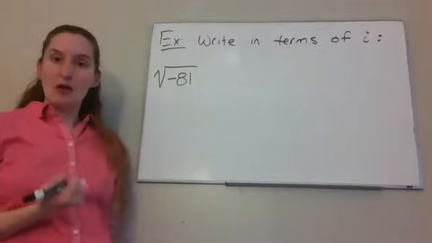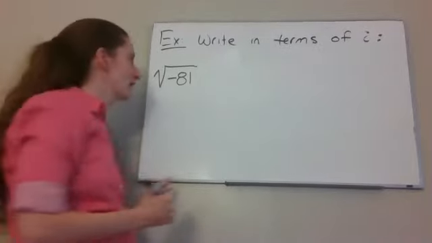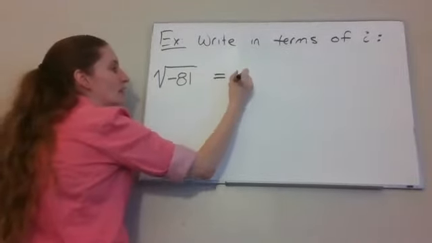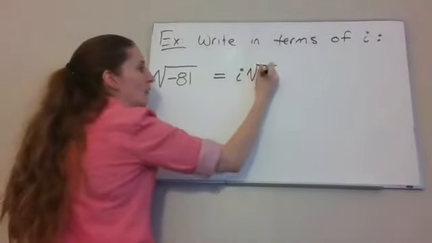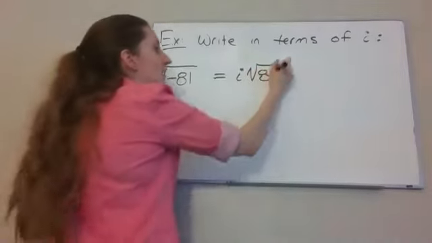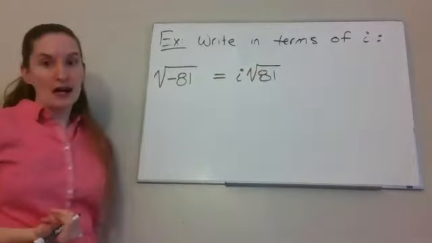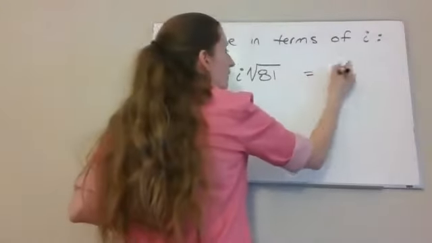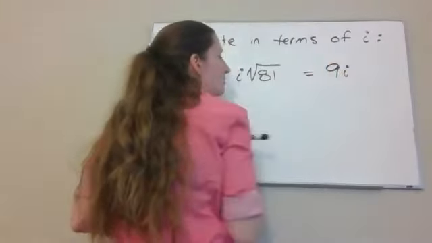But now that we know about i, we can simplify this. We know the square root of -81 is going to be i times the square root of 81. Now the square root of 81 is 9. So I would write this as i times 9, or 9i is the way we would usually write that.